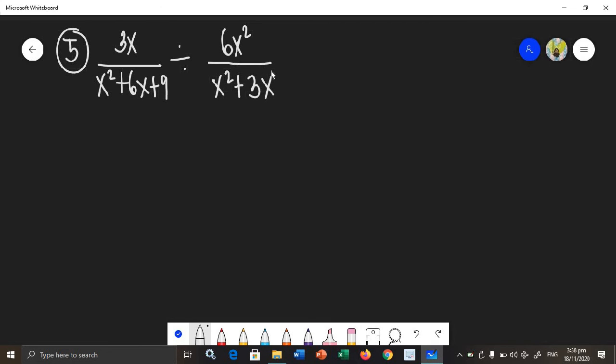So again, you need to change the sign and get the reciprocal of the divisor. So I'm going to rewrite the given as 3x over x squared plus 6x plus 9. And then we need to change the operation into multiplication and get the reciprocal of the divisor.